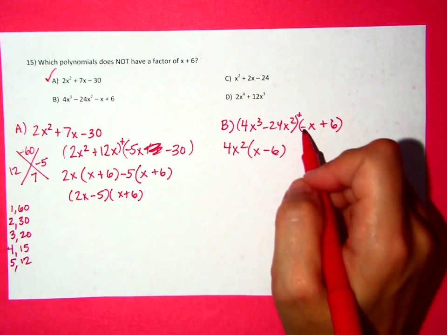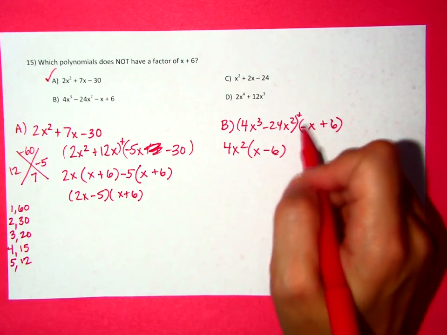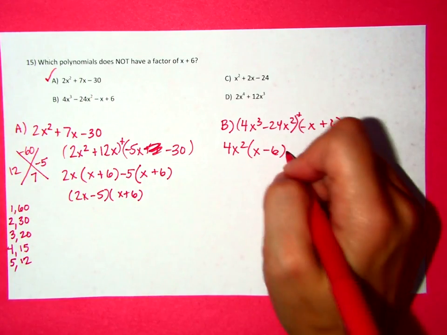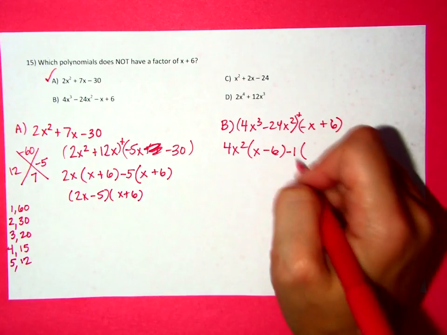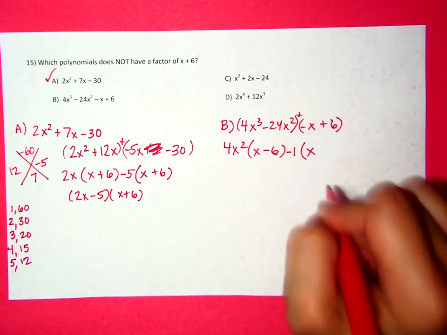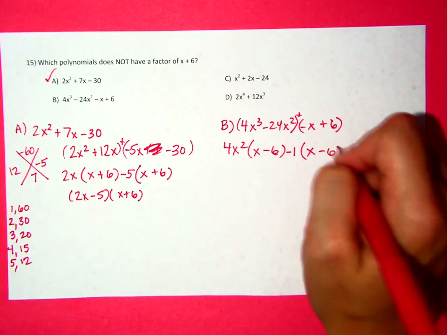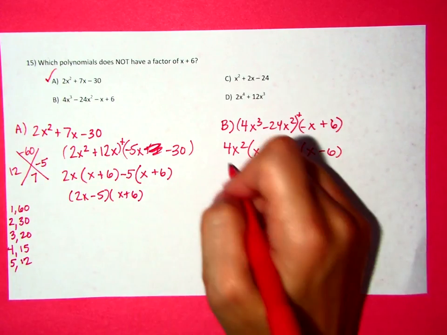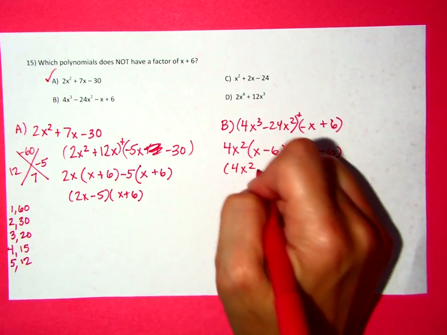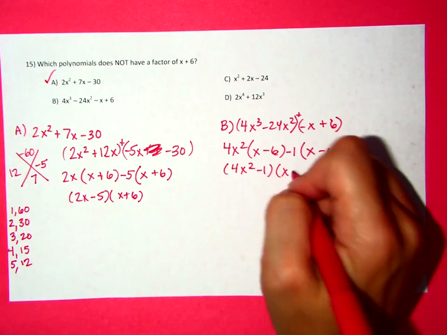And then the GCF out of this one, since there's that negative in the leading number, you need to pull out the negative, so it's like negative 1. Negative 1 times x gives you negative x, and negative 1 times negative 6 would give me that positive 6. So in this we have 4x squared minus 1 times x minus 6.